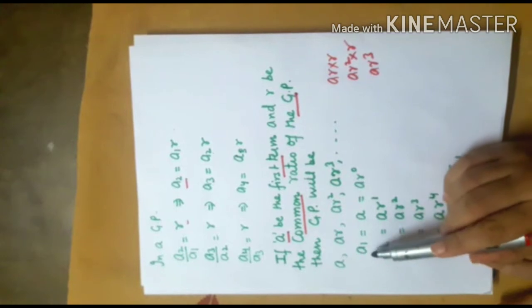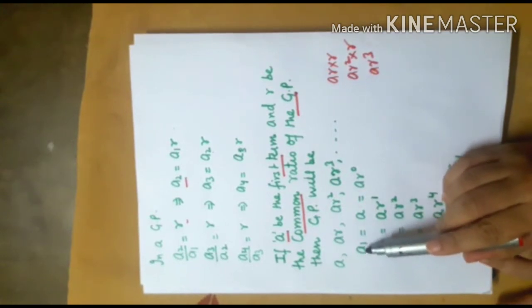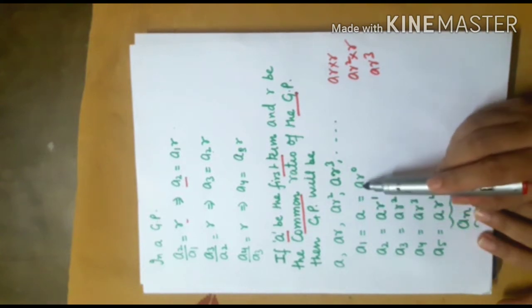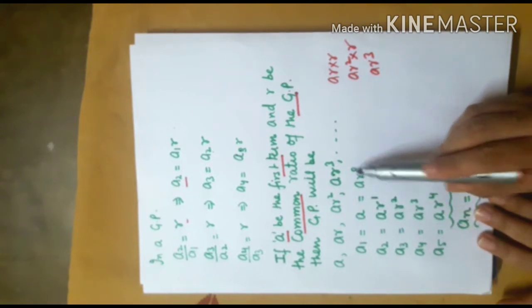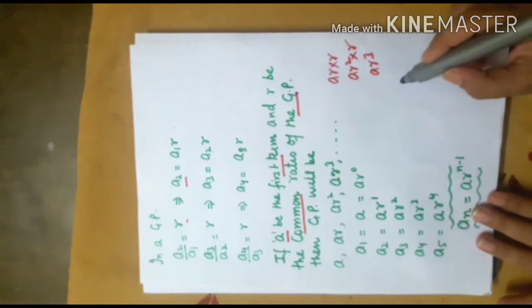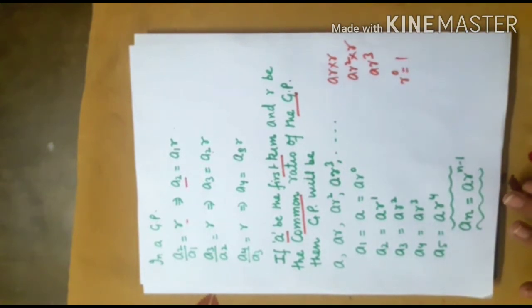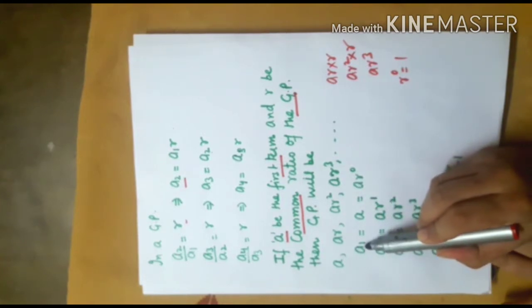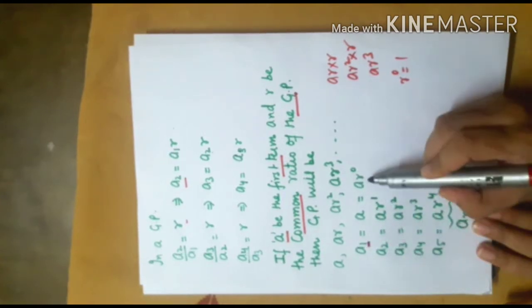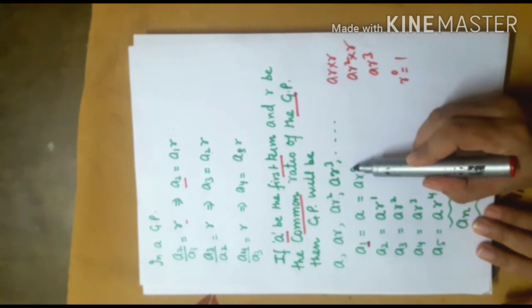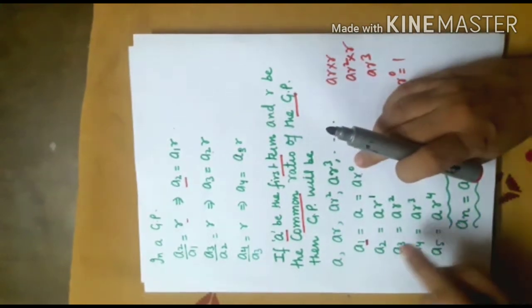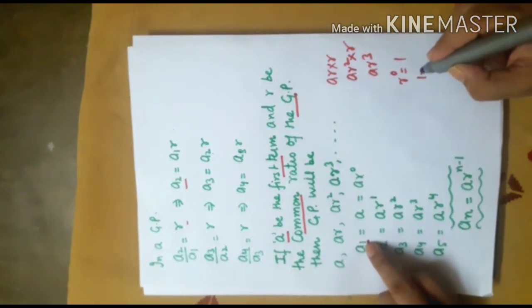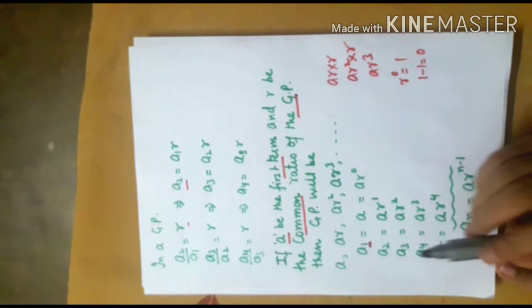Now look here. The first term of the GP, A1, is equal to A. Can I write A as A into R raised to the power 0? Because R raised to the power 0 will be 1. In the first term, the exponent of R is 0, which is 1 less than 1.